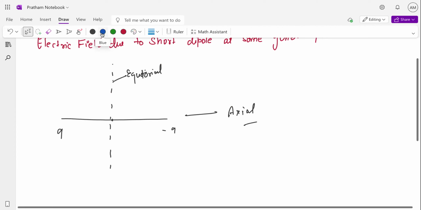Now our point of discussion is to calculate the electric field intensity at a very random point, for example this. Then how can we calculate it?